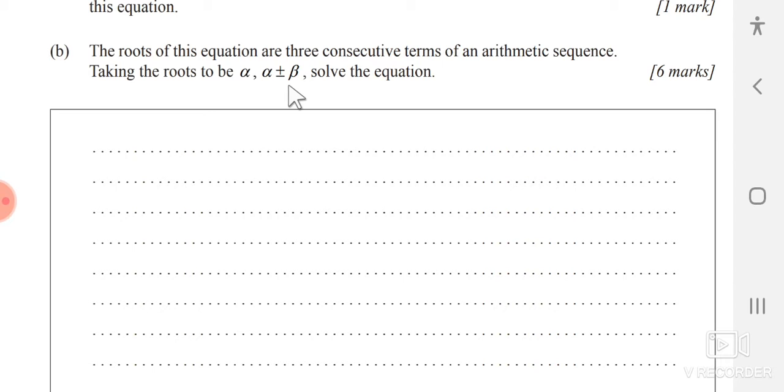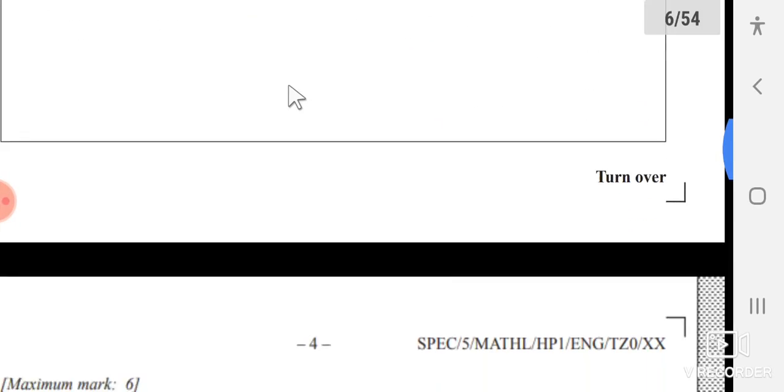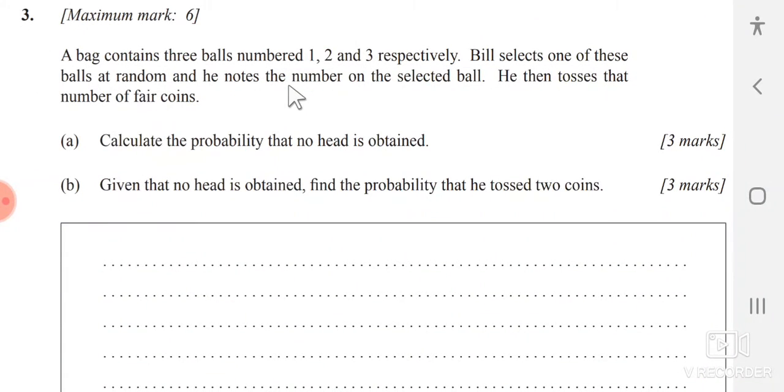If you have a little idea about the sum of the roots, the product of the roots, and the relationship between the coefficients of the terms of the polynomial, you can easily do that question. Otherwise, in my next video I will give the solution of this, or I will put the picture of this solution.